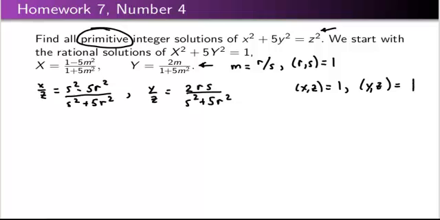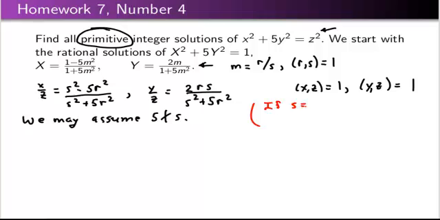And I claim we can also assume that 5 is not a divisor of s. Because if it did divide s, I would just divide the 5 out of both sides and introduce a negative sign. So let me point out what I mean by that.